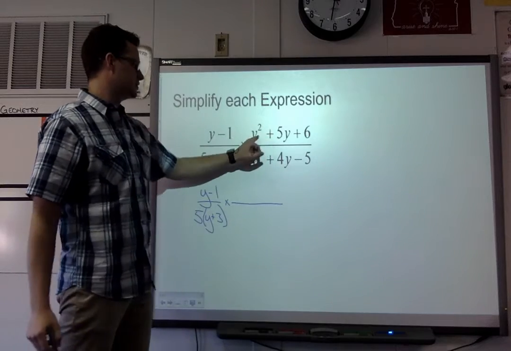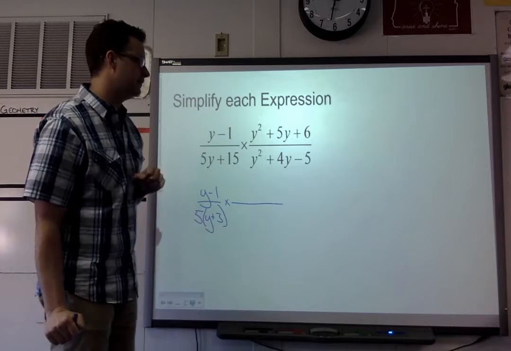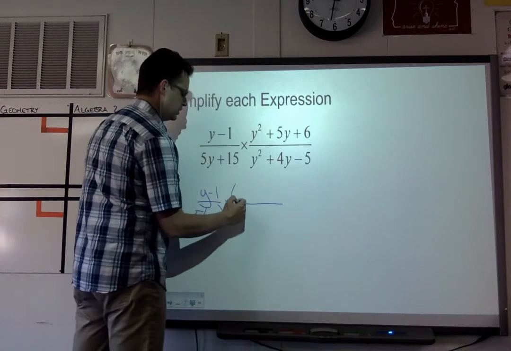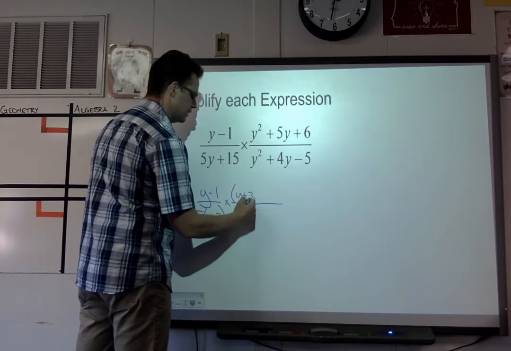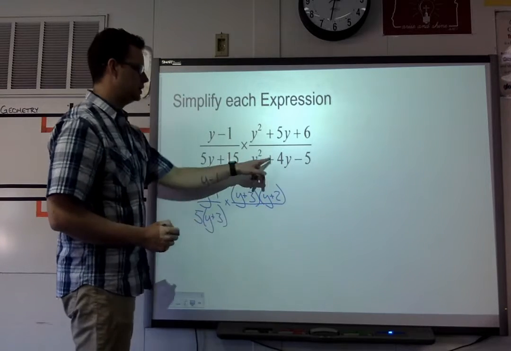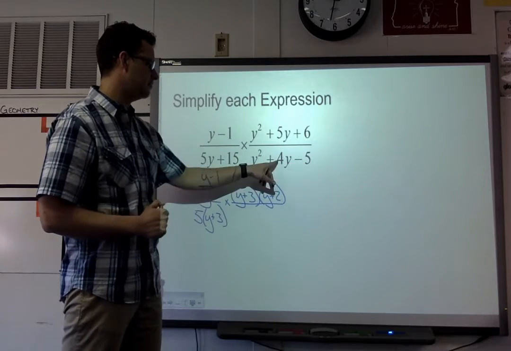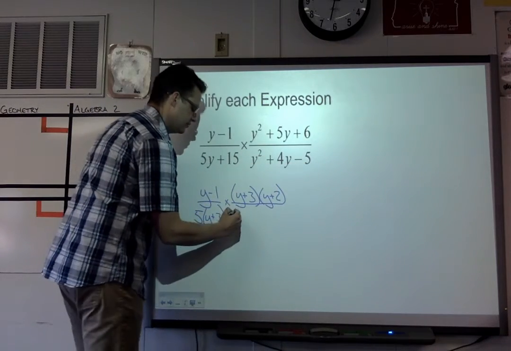Then over here, to factor this trinomial, I need two numbers that multiply to 6 and add to 5, which would be 3 and 2. So y plus 3 times y plus 2 over, here I need two numbers that multiply to negative 5 and add to positive 4.